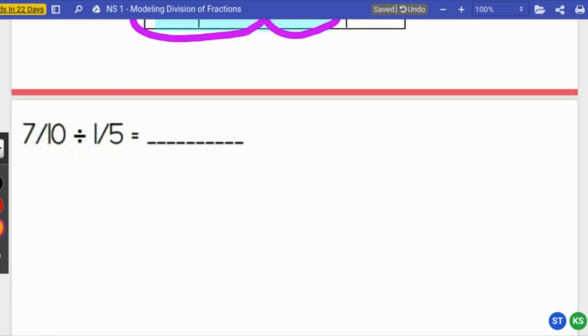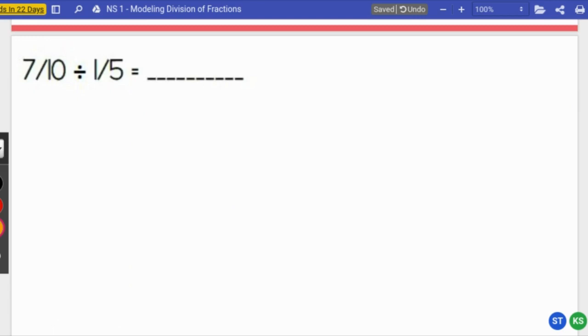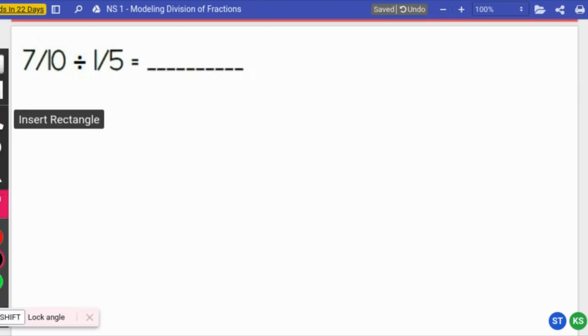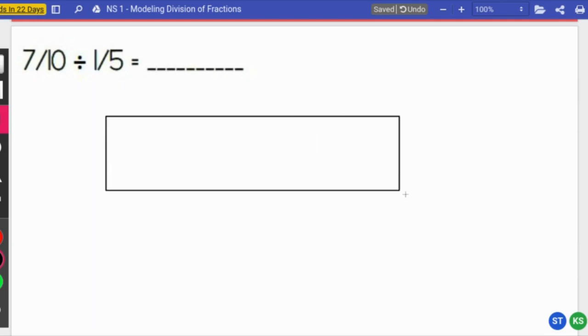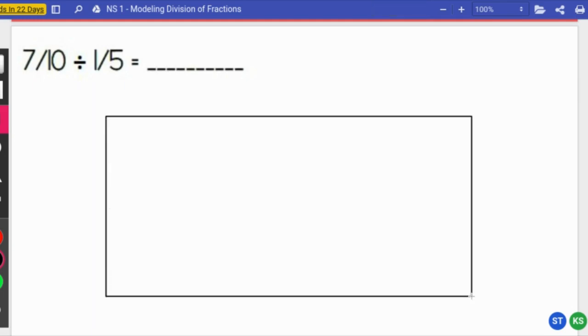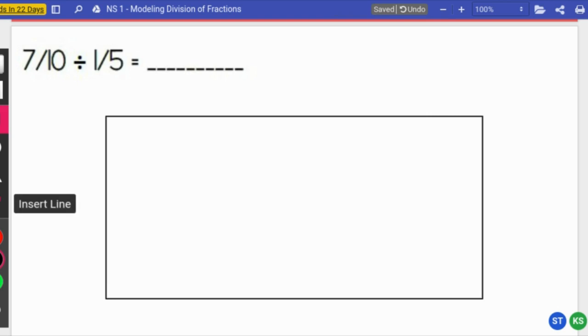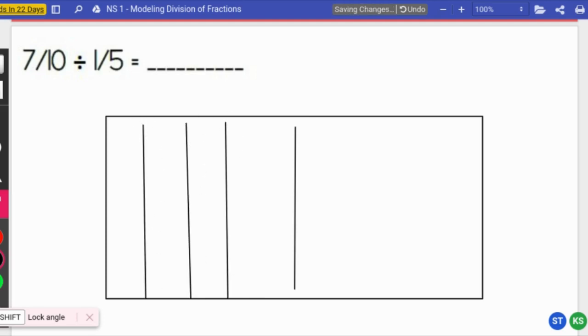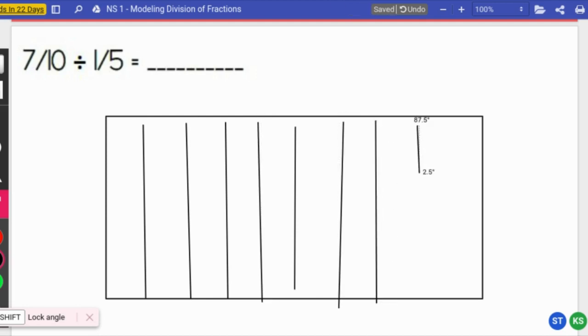Let's try another one. So I have 7/10 divided by 1/5. So let's get our 7/10 here. I'm going to draw one down the middle and do each side. And I only have 7 of them.